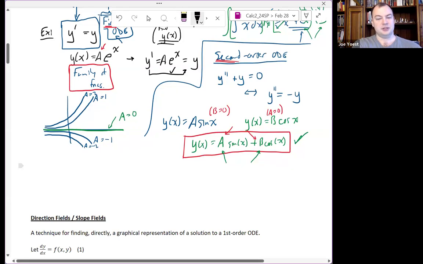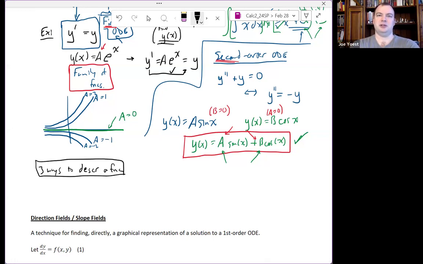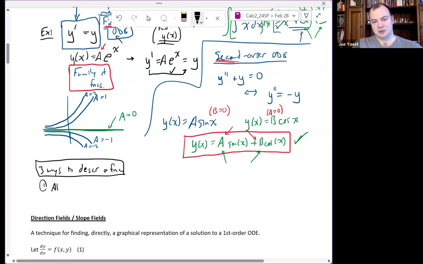So just something to recall is that we have three ways to describe a function. I suppose perhaps somebody might say there are four ways. You might say we could describe the function in words, but three ways that we typically use. The first is algebraically, so something like y equals e to the x.